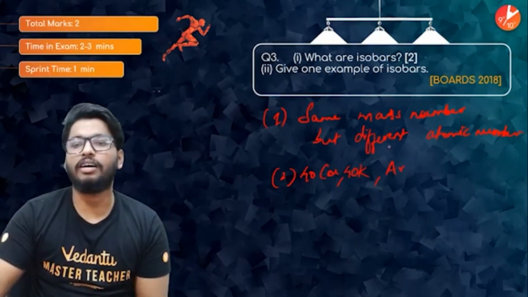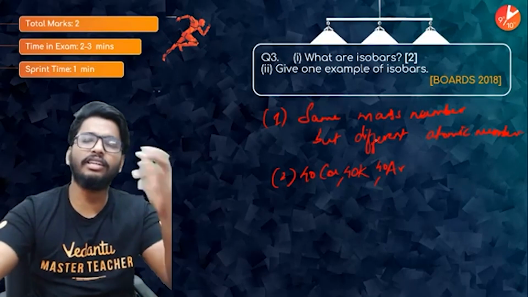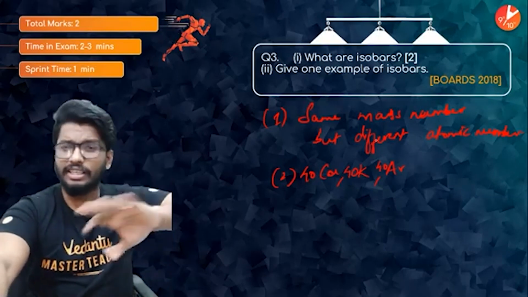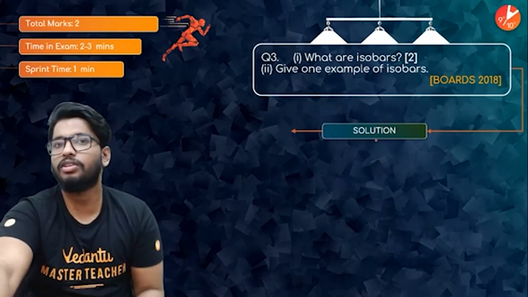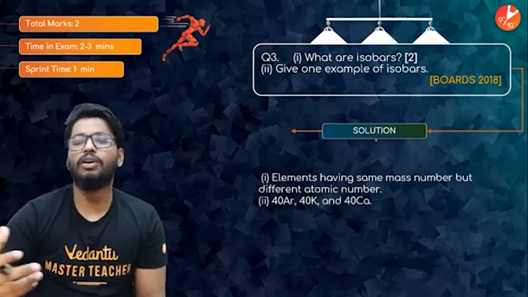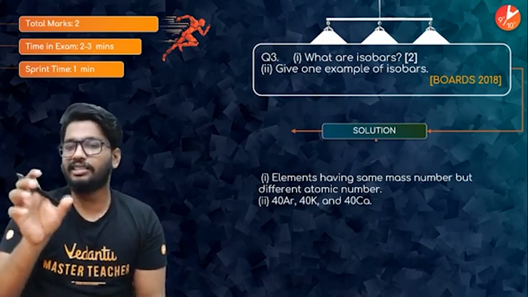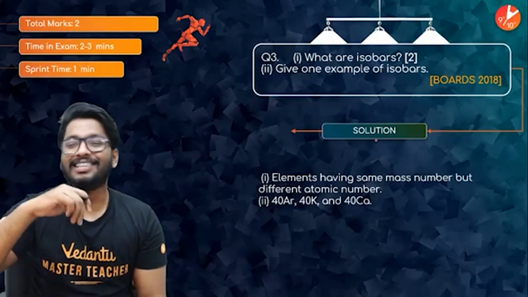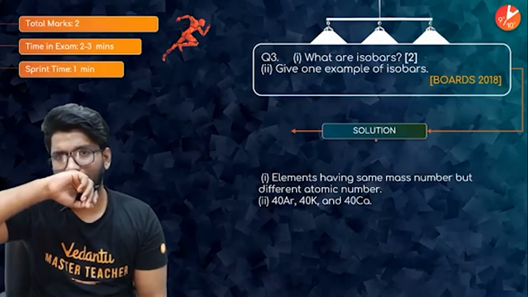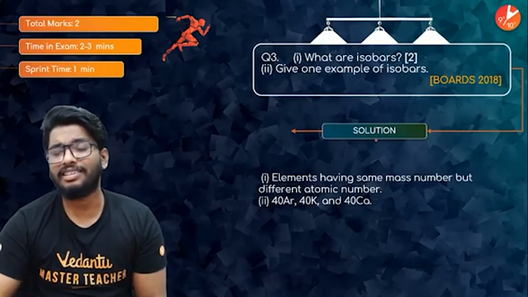Argon's atomic mass is also 40. So all these three are examples of it. You see that the atomic number of all three is different, but the mass number of all three is the same. So this is what is called an isobar, where it has the same mass number but different atomic number.